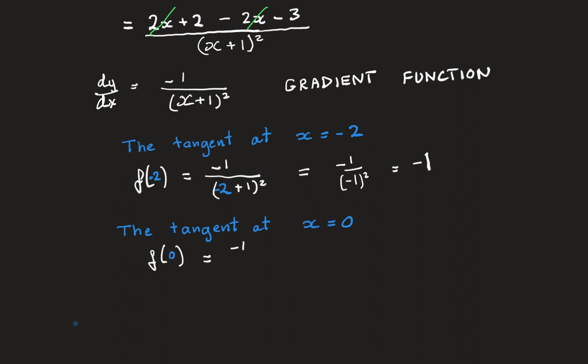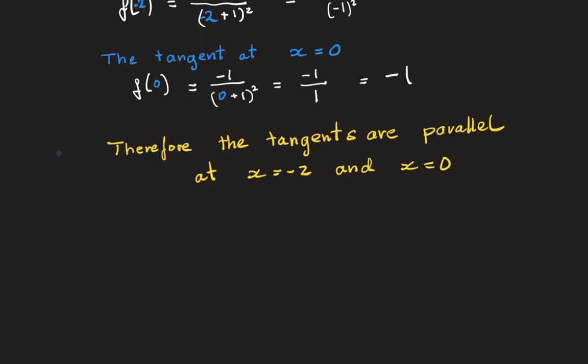As we substitute the 0 in here, (0 + 1) all squared, we also get -1 over 1 squared, which is just 1, which is equal to -1. And so we've proved that the tangents are parallel.